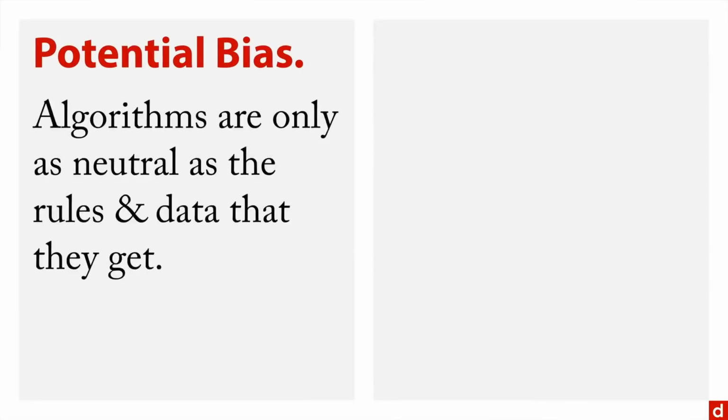Now, two other things that come up in terms of ethics, but don't usually get addressed in these conversations. Number one is potential bias. The idea here is that the algorithms or the formulas that are used in data science are only as neutral and bias-free as the rules and the data that they get.